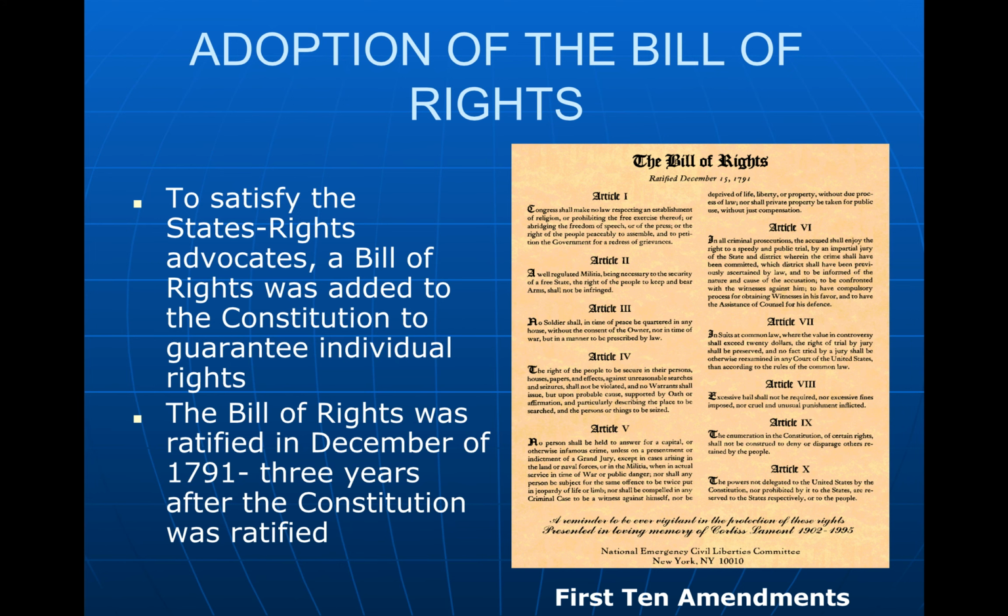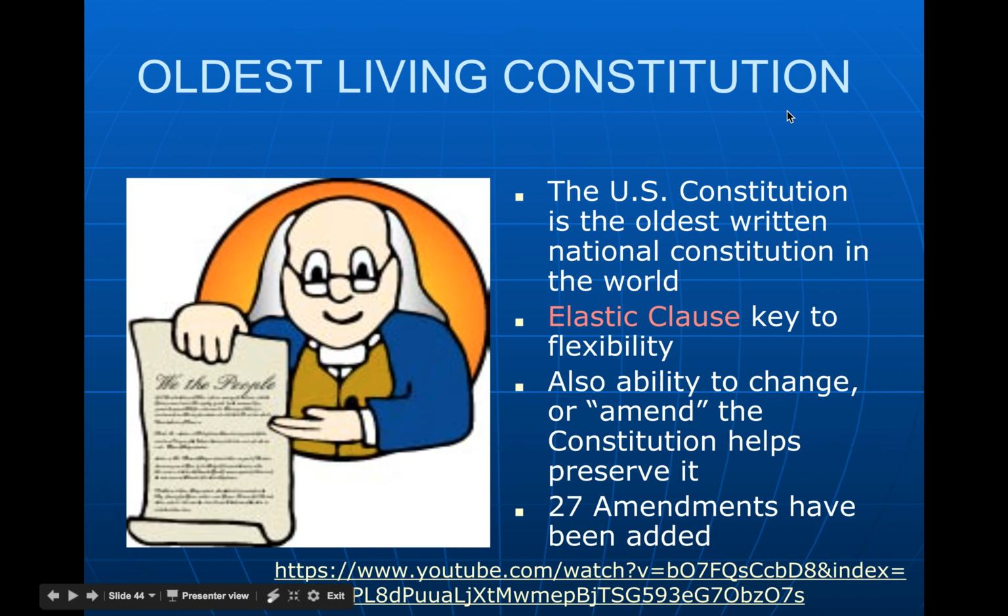To satisfy the states' rights advocates, a Bill of Rights was added to the Constitution to guarantee individual rights. This Bill of Rights was ratified in December of 1791, three years after the Constitution itself was ratified, and the Bill of Rights is the first 10 amendments to the Constitution.